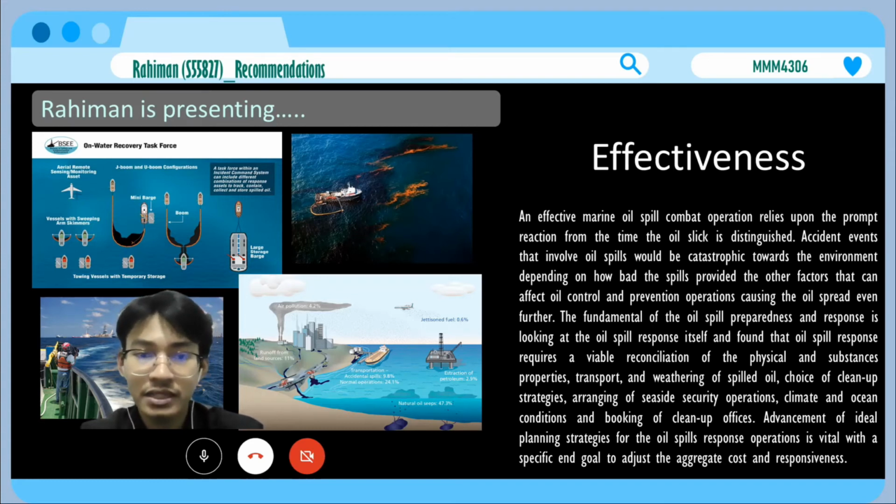So from the picture you have seen, this is what happened in the first picture, the oil spill happened. Here is how the recovery task force uses an airplane to clean or take action on cleaning the ocean from becoming worse.